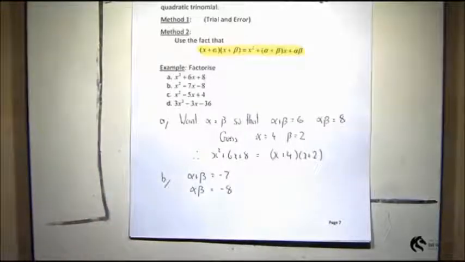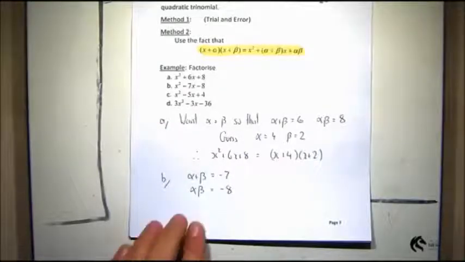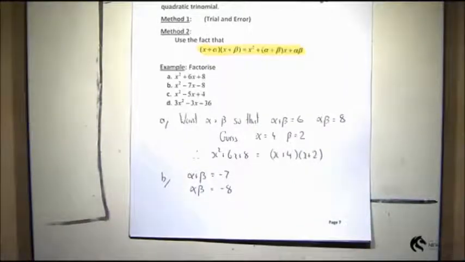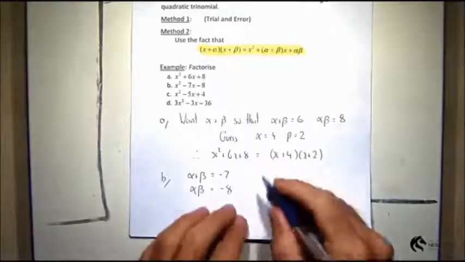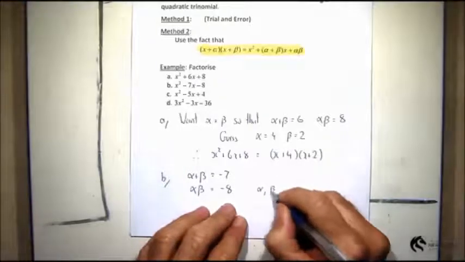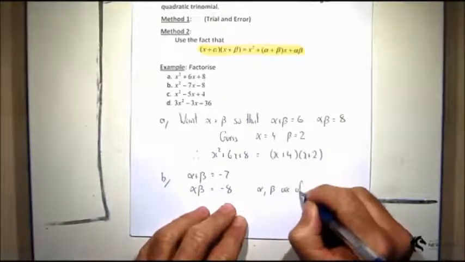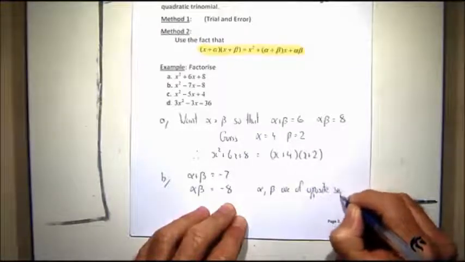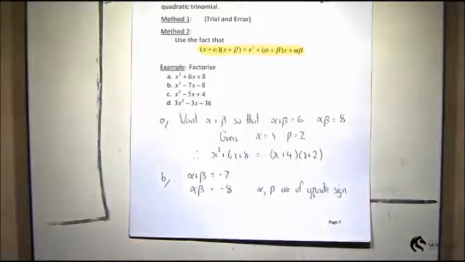Now, once again, we could try and guess, but we can be a little bit clever in that if I multiply two numbers and get a negative number, that says they're of opposite sign. So alpha and beta are of opposite sign. One's going to be positive, one's going to be negative.